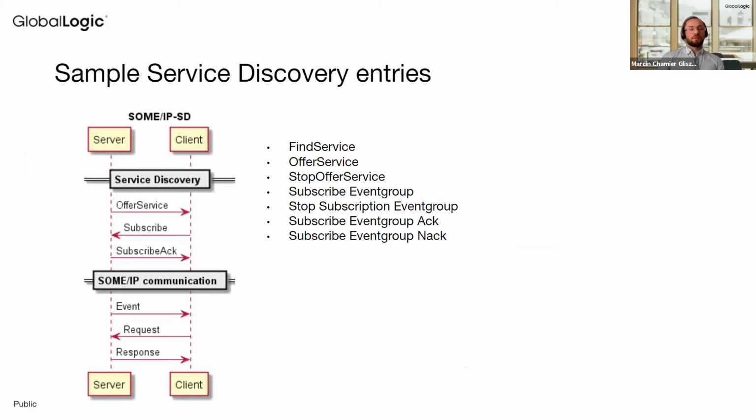So, more deeply into the exact communication. At the beginning of the application start, we have the offer service line. All the services which are available in our application should be offered. So we are offering the services. When the client finds our service, it connects to it, and then it is able to subscribe to the events.